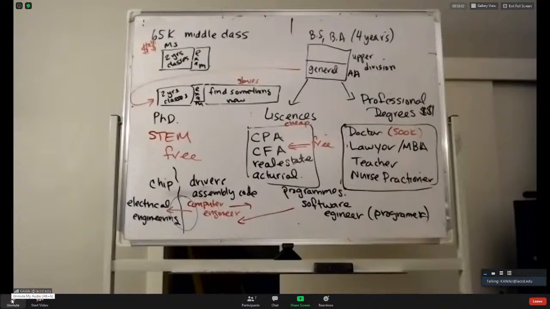I just put it up there because, especially if you're in high school, don't trap yourself in a major that's dying. There are certain majors that are dying right now, like chemistry. So if you were going to be a doctor, what I would do is I'd be an accounting or economics major, and I would take all the pre-med classes.